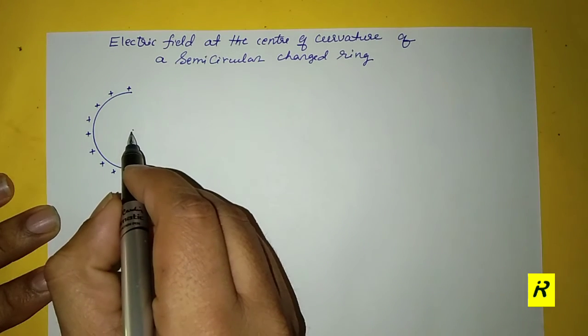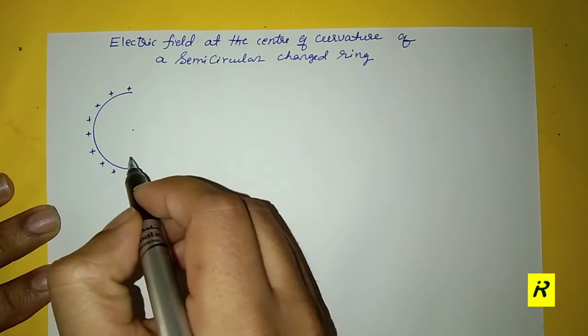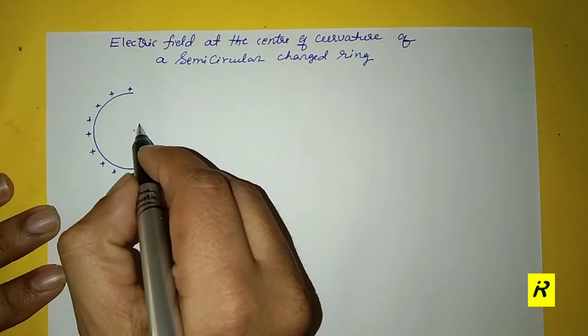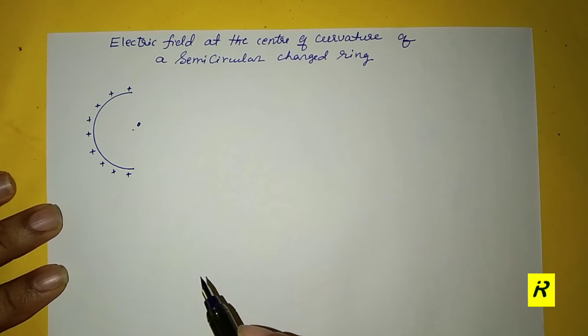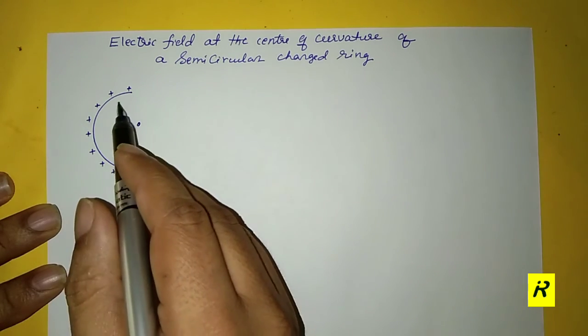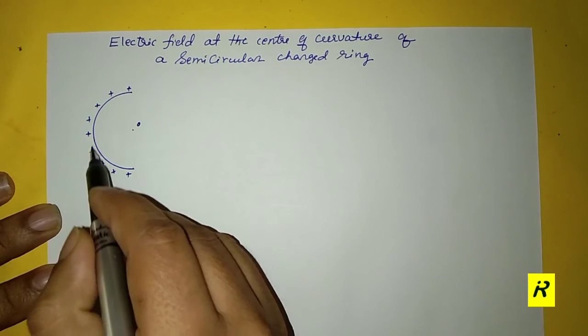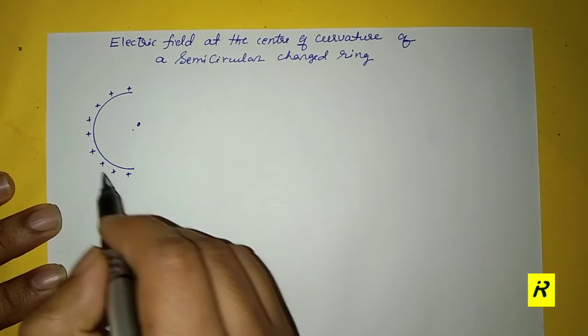And this dot represents the center of this semicircular ring, say it is O. Now I have to find an expression for the net electric field at this point due to the uniformly distributed positive charges along this semicircular ring.